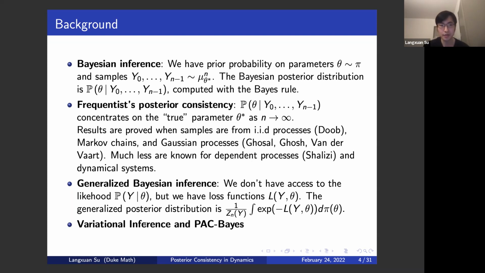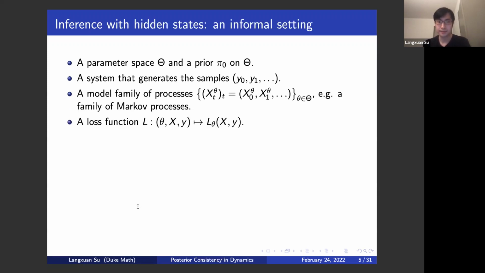So they call it variational inference. And also people have developed quantitative bounds, like finite sample bounds, in that area, and we are currently still exploring the connection, but that's some of the related areas we can think of.